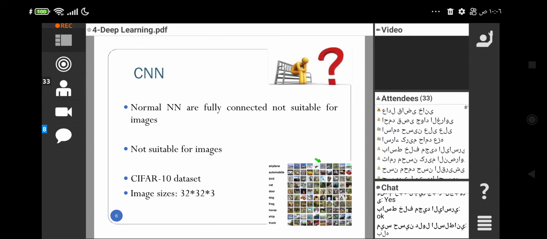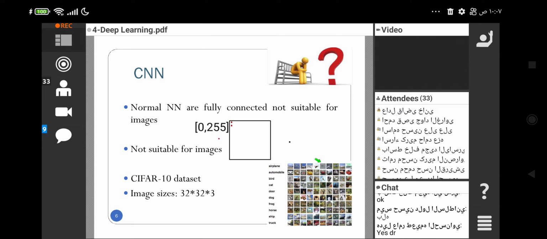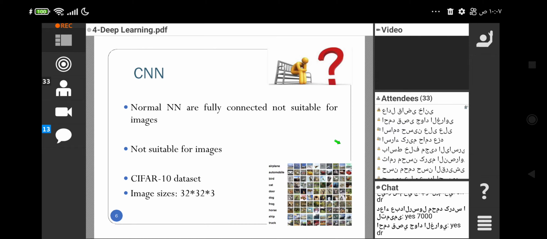So each of these color images that we have here has 3072 pixels.